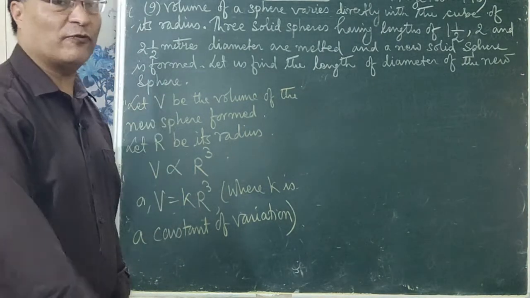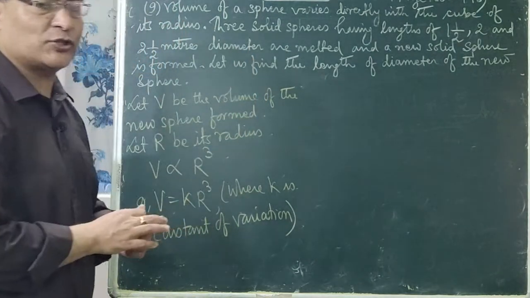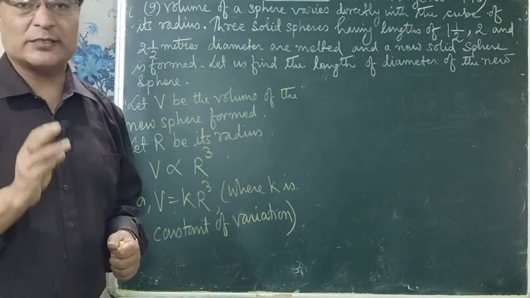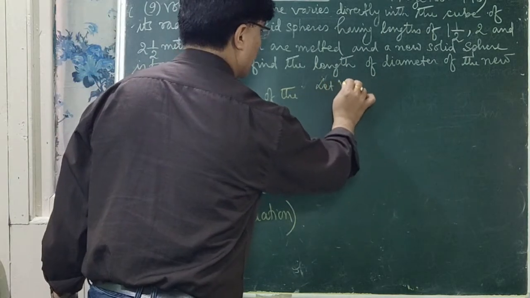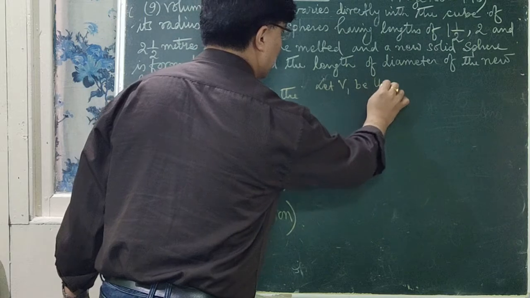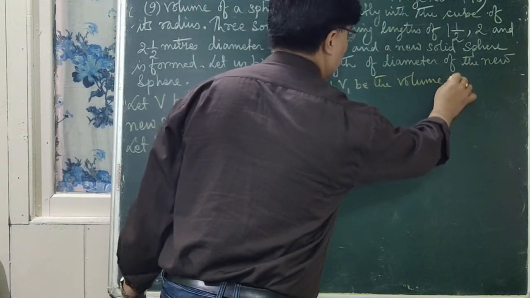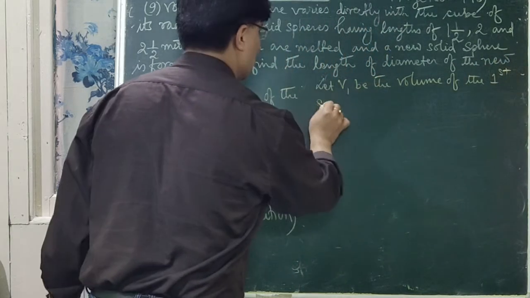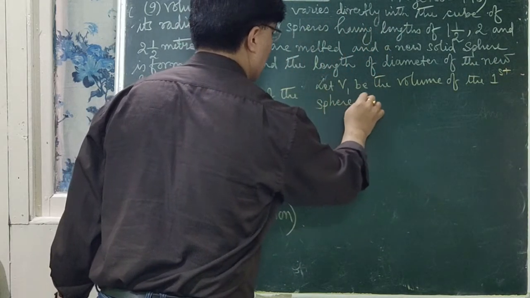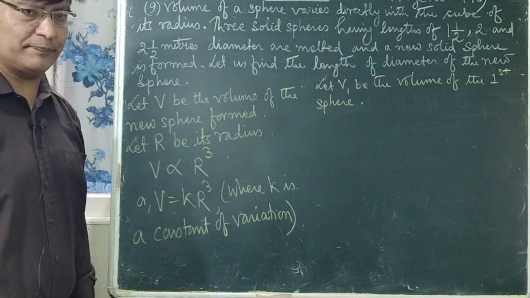So let us assume the volume of the first sphere. The 3 spheres are, let us take it as first sphere, second sphere and third sphere. Let V1 be the volume of the first sphere.